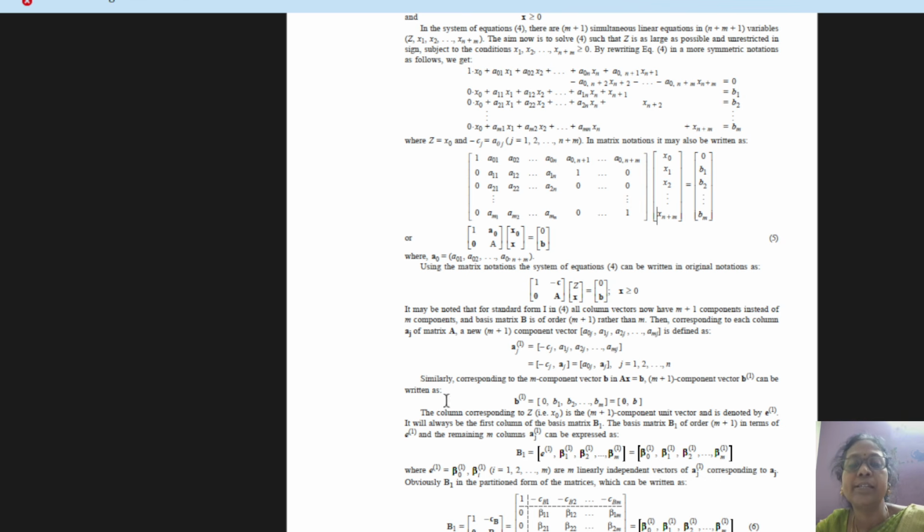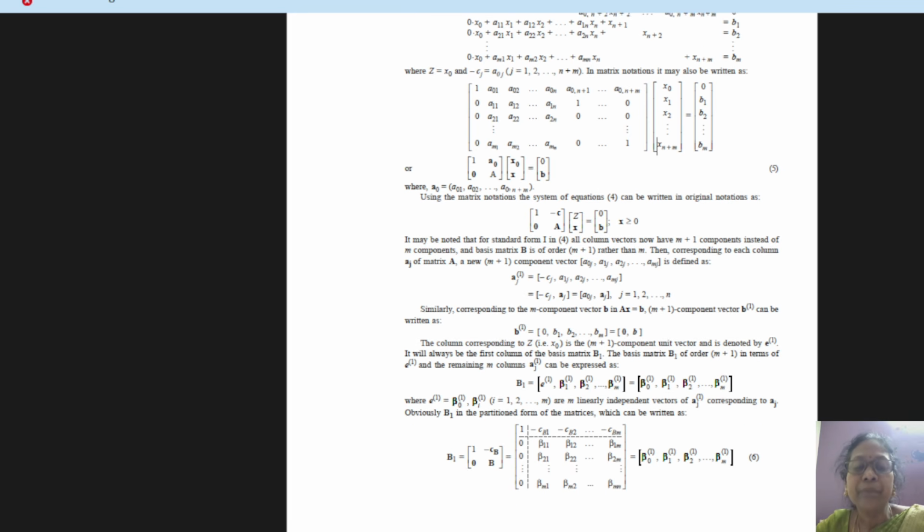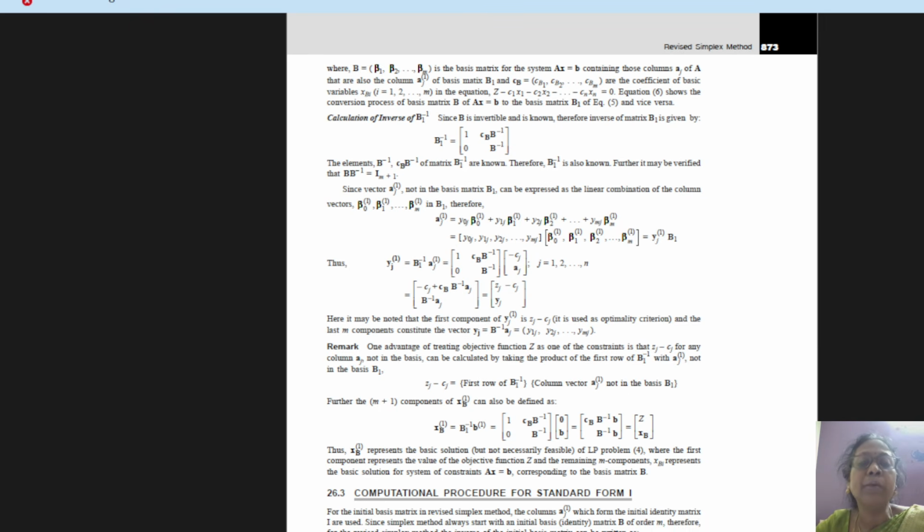So the vectors which are not in the basis can be represented as an additional table. We just consider only the basis matrix. If you are considering the basis matrix, we can have this as B1 inverse, because in this revised simplex method, we are calculating only the B1 inverse, right?